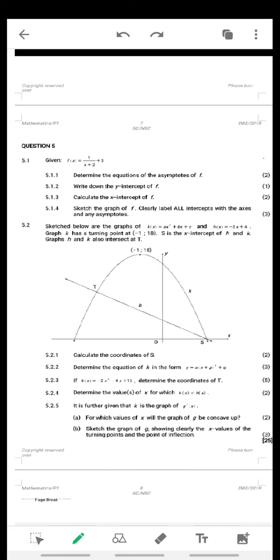Okay, let's look at that one. So when I look at this sketch, I notice that the graph of h is on top of k there and also somewhere here. That's what the question is asking me. So I need to write down the values of x where the graph of h is on top of the graph of k.